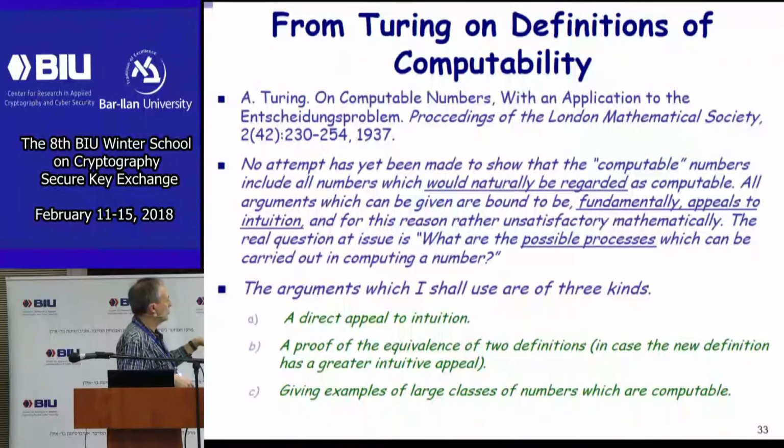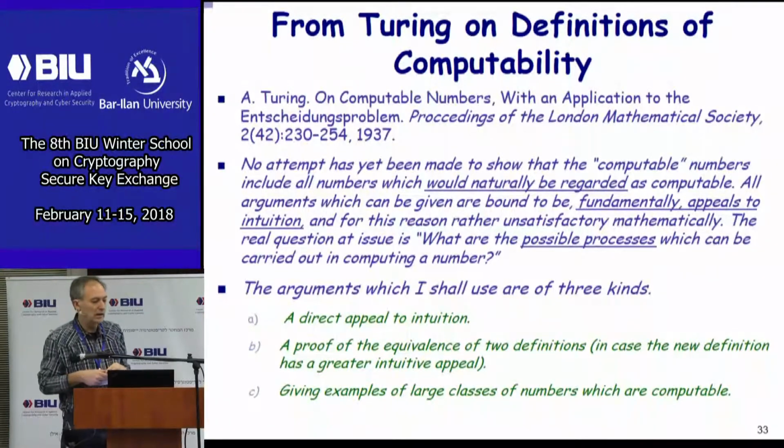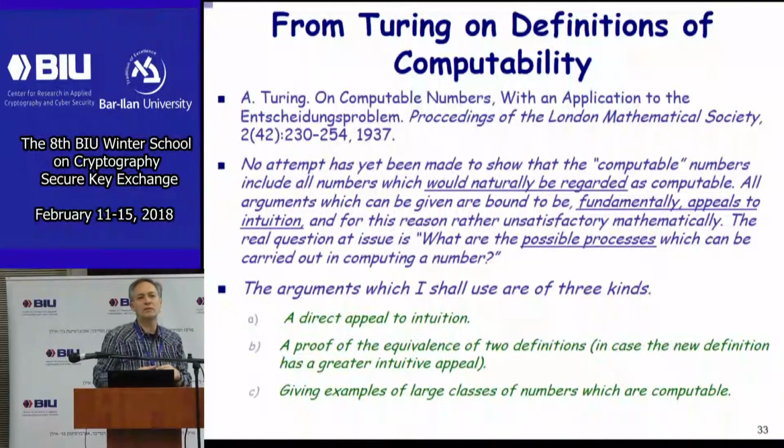I will not go through this, but you can look at this slide. I like this. This is taken from Alan Turing's paper on computable numbers, basically the paper about the basics of computability, what is computable and not computable.